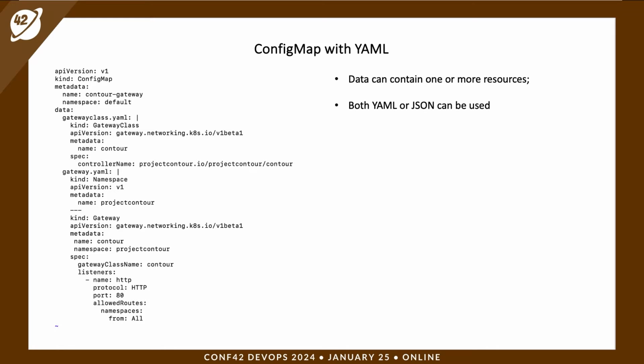So if there is a ClusterProfile referencing this ConfigMap, in every cluster matching the ClusterProfile, Sveltos will take the content of this ConfigMap, so the GatewayClass, the namespace, and the Gateway, and will deploy those resources in every cluster matching the ClusterProfile. And you can put in the ConfigMap both YAML or JSON.